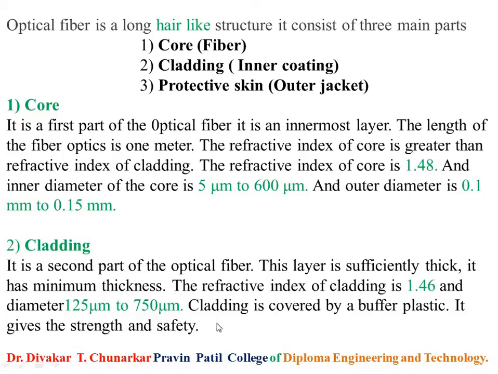So the refractive index of cladding is 1.46 and the diameter of the cladding is 125 micrometer to 750 micrometer. This cladding is covered by the buffer plastic and it gives the strength and safety.